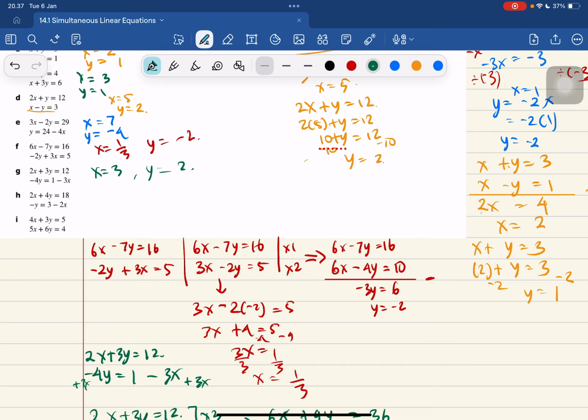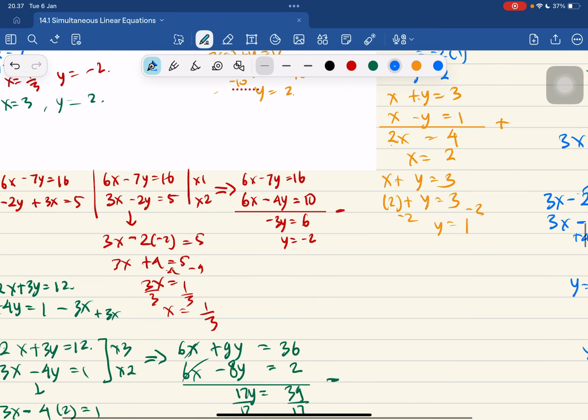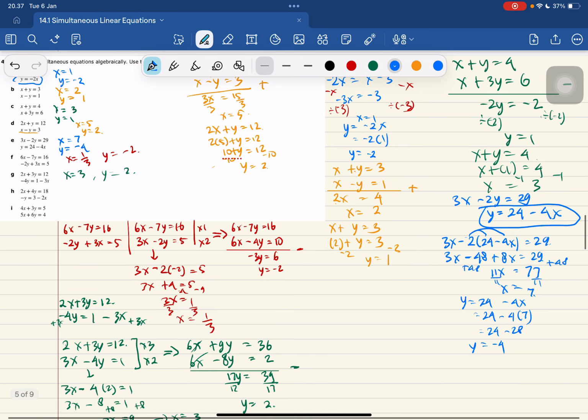Okay, continue h. Let me write it here. So we got 2x plus 4y equal to 18. Then we got minus y equal to 3 minus 2x.